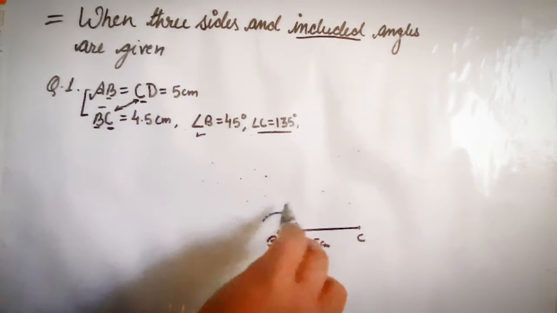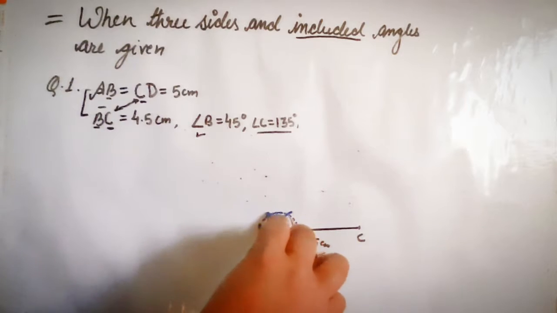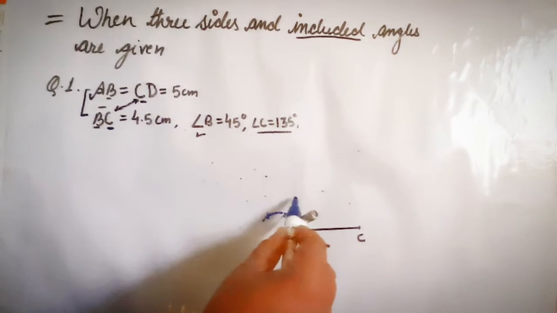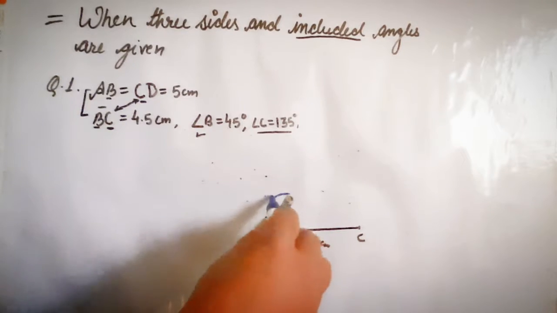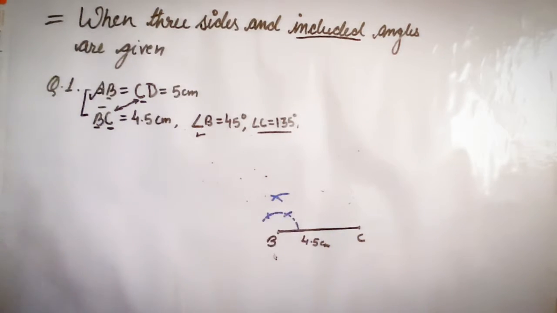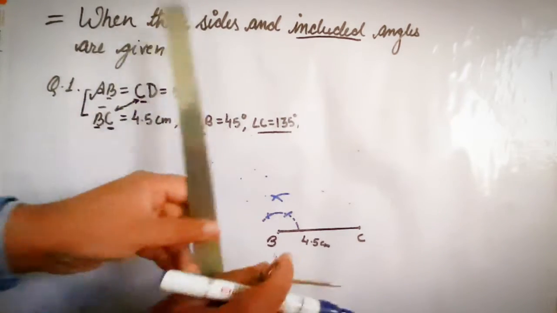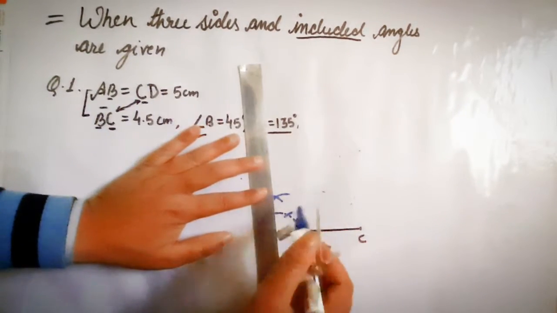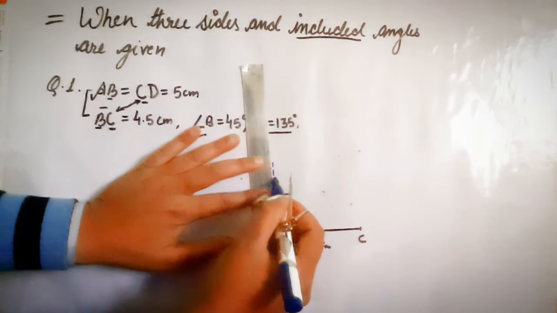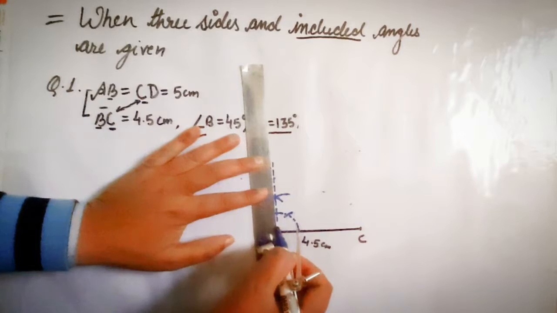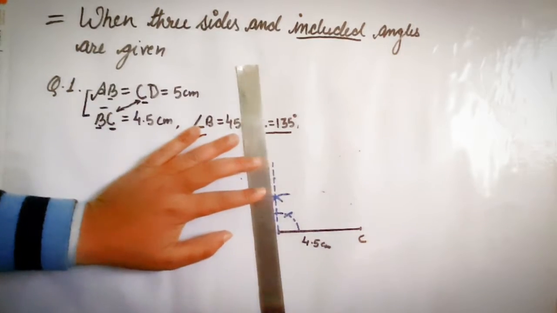First cut 60, then second cut 120, and half of 60 and 120 will be equal to 90 degree. But 90 degree angle is not asked. So this we have to draw dotted. Join point of intersection with B, and this is your angle of 90 degree.